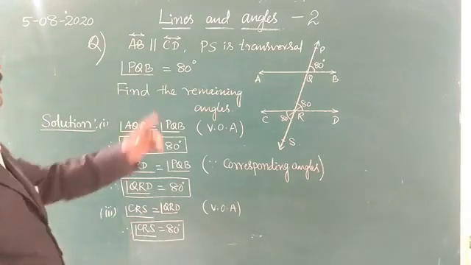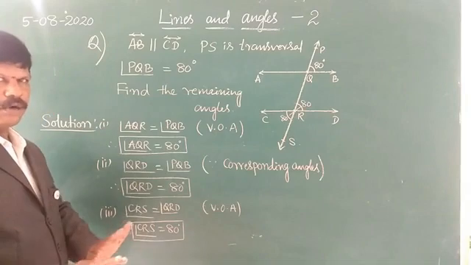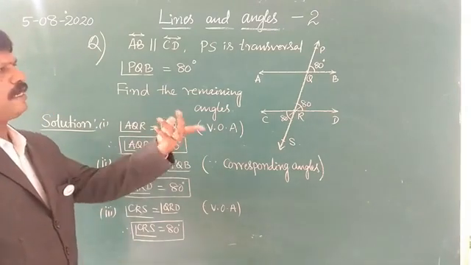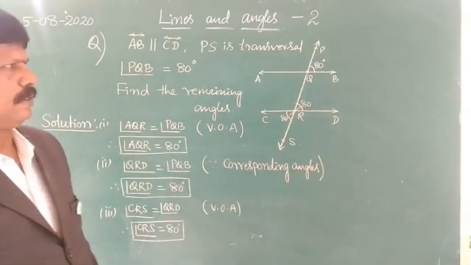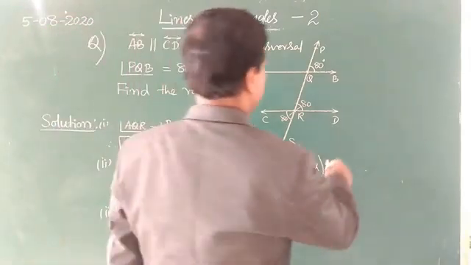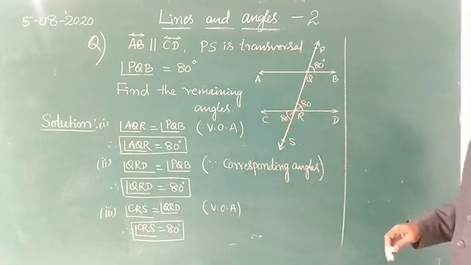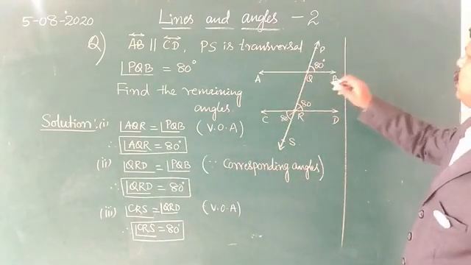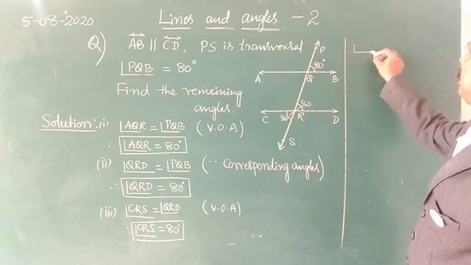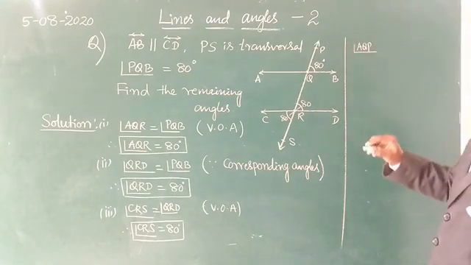So out of 8 angles, 4 angles are done. Now next, the remaining 4 angles. So I will write that here. Remaining 4 angles. For that, first take this one, angle AQP.